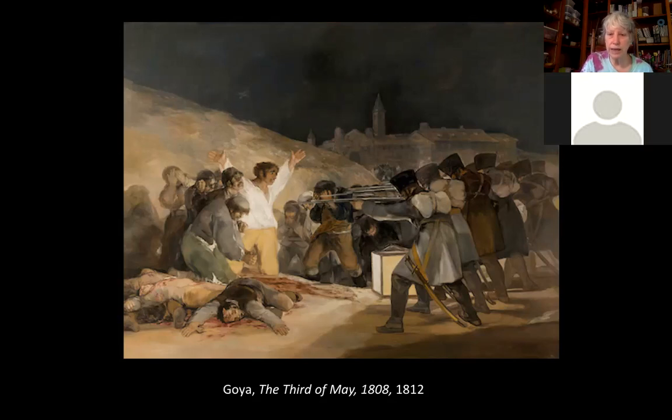Okay, so on this side of the painting, you see the French soldiers lined up as a firing squad, and one by one, these Spanish civilians, unarmed civilians, are put in front of the firing squad and just gunned down. And there are some right here that were gunned down a few minutes ago, and you can see the blood coming from their heads and bodies in front of this earthen berm that they're using as a backstop.